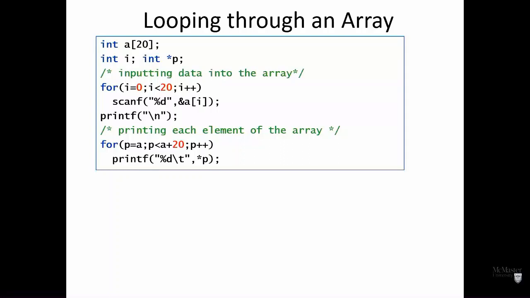So I say b equal a, the first element, keep increasing b until you reach the 20 elements, and then you're going to print the value of b. If you do scanf, you can read from the user and put it into the memory location that b is pointing to. So these two loops are exactly the same thing. One is using pointers, the other one is just using the array syntax. Does this make sense?